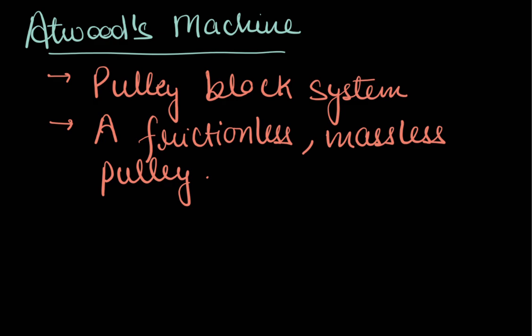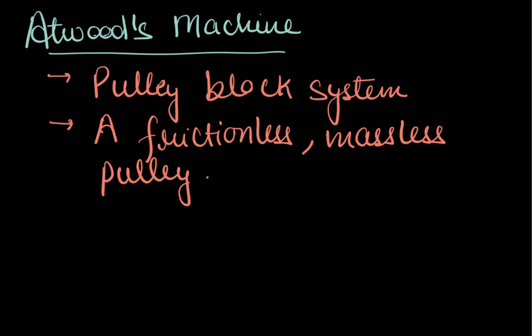In most of the questions this is the case. In very few questions in JEE or NEET we find a pulley that is also given some mass, and in some standard books there are questions where there is mass in the pulley.